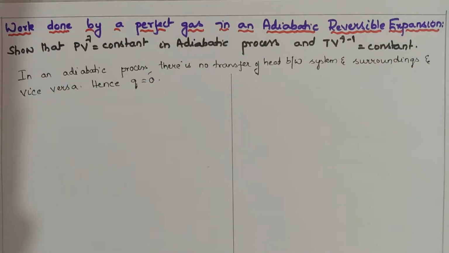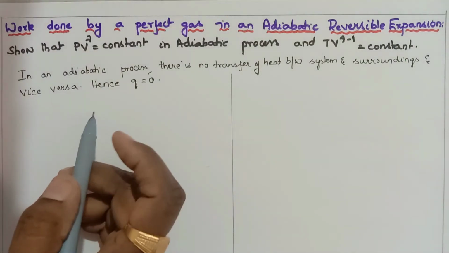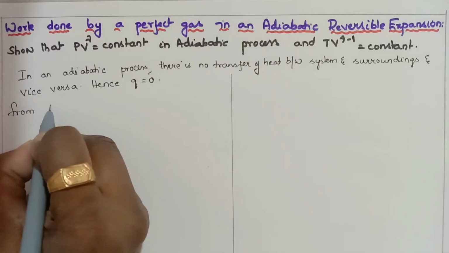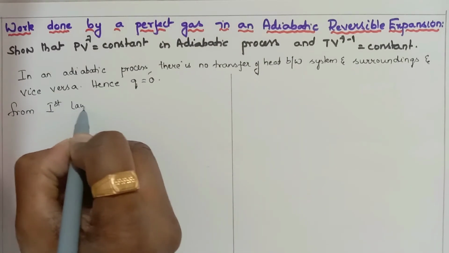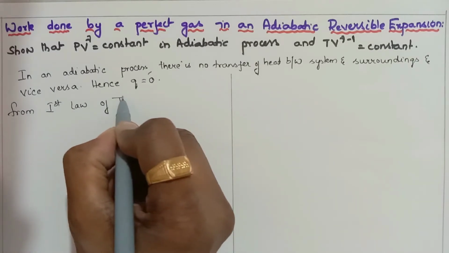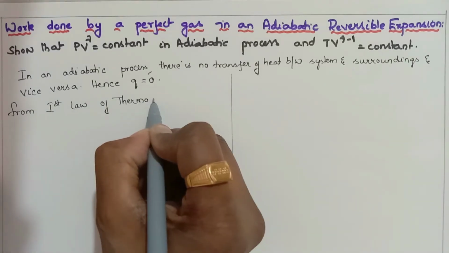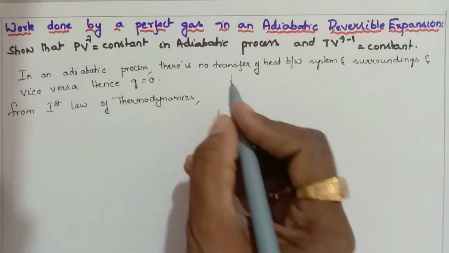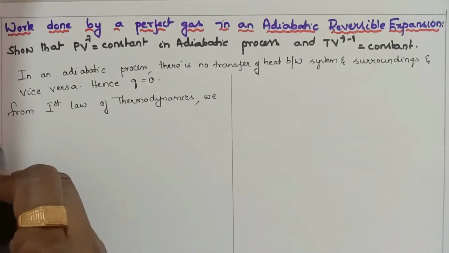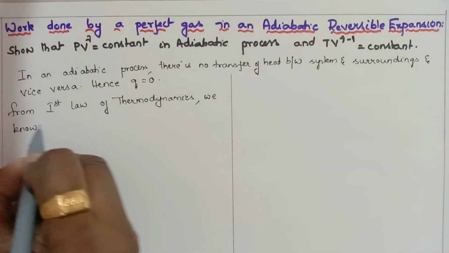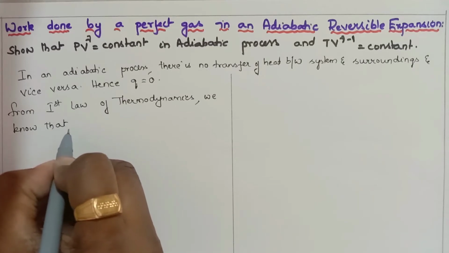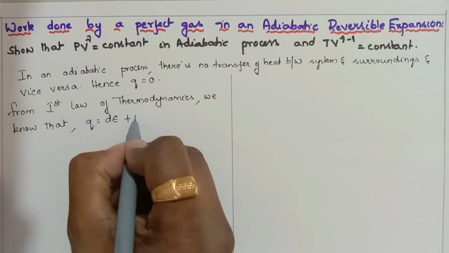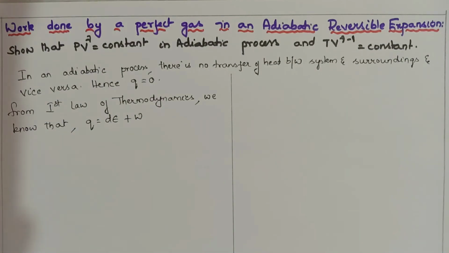Okay, students? Below write down, from first law of thermodynamics. This also we completed, students. What did we learn from first law of thermodynamics? Here write down, we know that Q is equal to dE plus W. Have we not learned this, students?